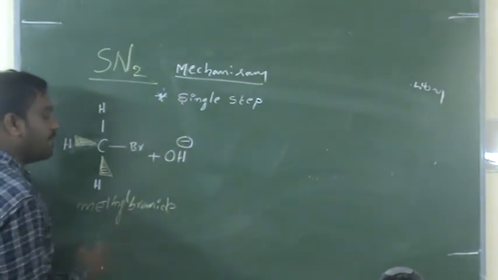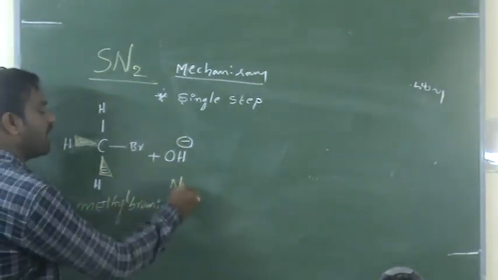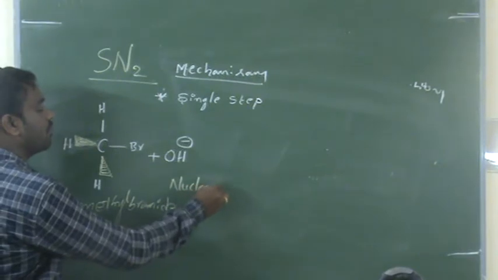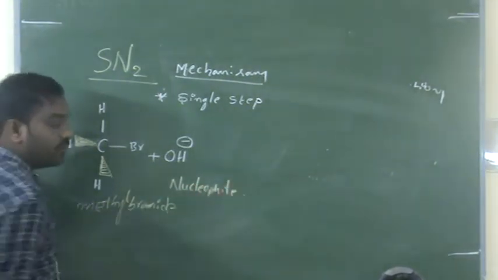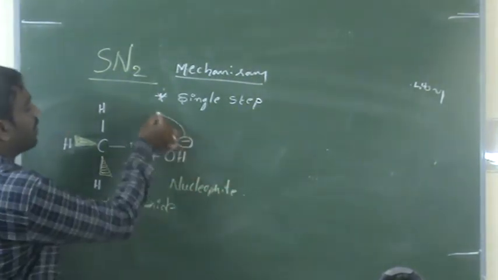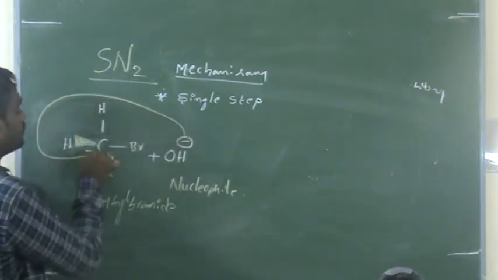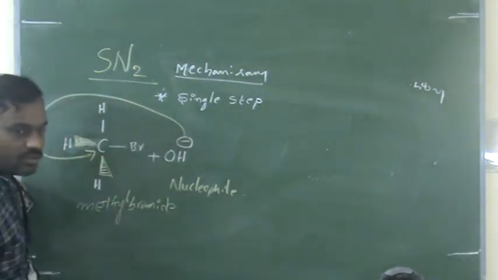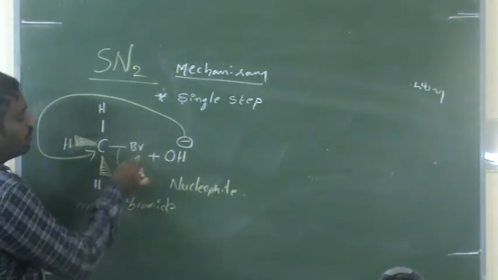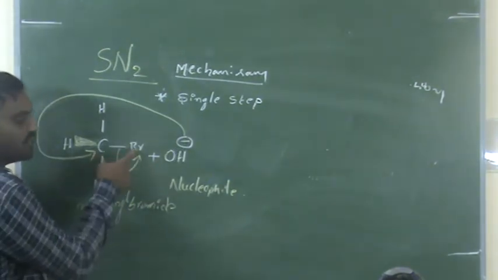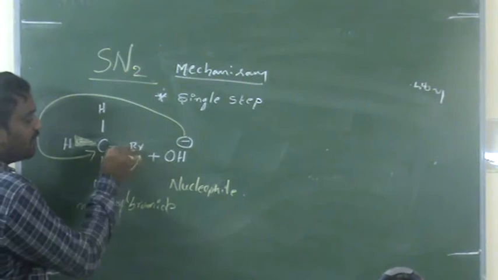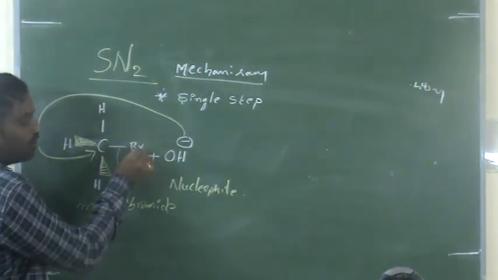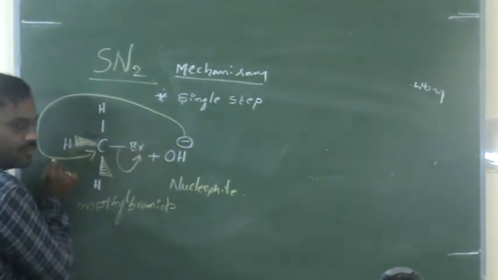When methyl bromide reacts with the nucleophile, the nucleophile approaches towards the backside of this carbon which is attached to Br. Now Br is on this side, and the opposite side is this side.